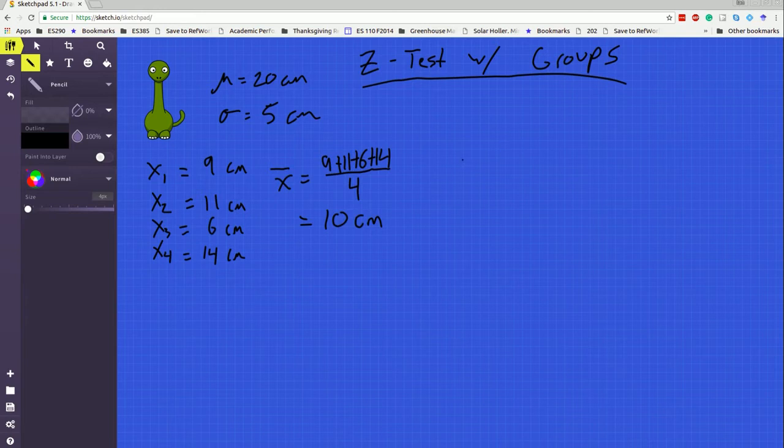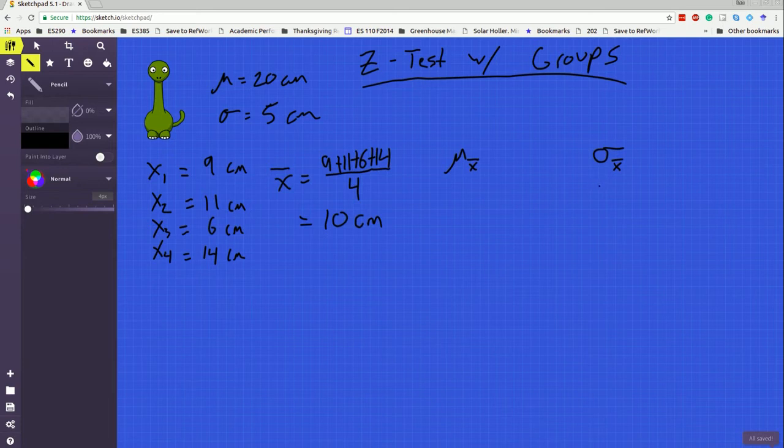So what I'm going to do here is define a new mu, a new mean, but a mean that corresponds to the average value of group averages. Okay, so it's the mean of group averages rather than the mean of individual measurements. What I'm going to do is describe the standard deviation, not of individual measurements, but the standard deviation of group averages.